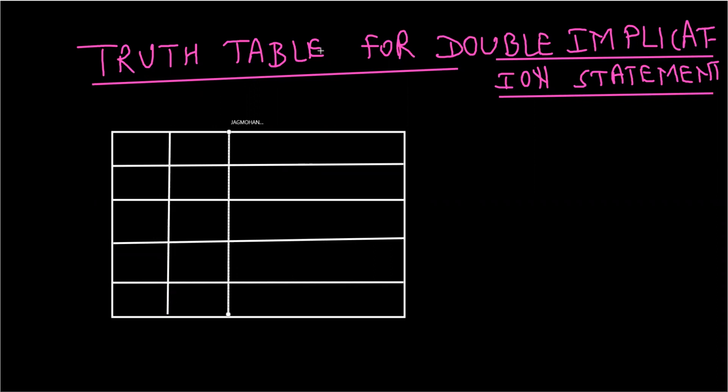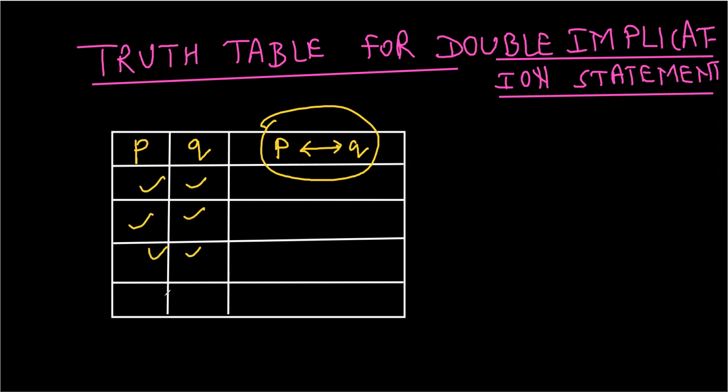So here I will write P and Q, and here I'll write P double implication Q.